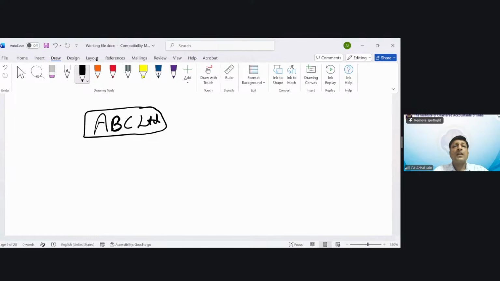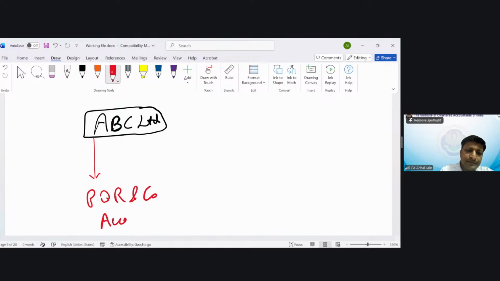By reporting entity, we mean this is the entity for which audit is required to be performed. And this entity has an auditor. PQR and company is the auditor. Right? So it's the auditor.